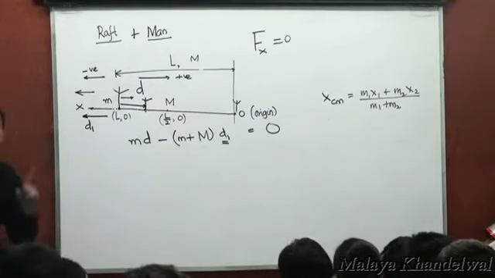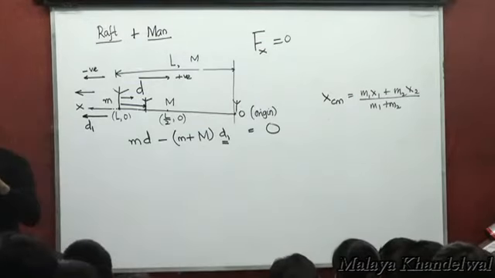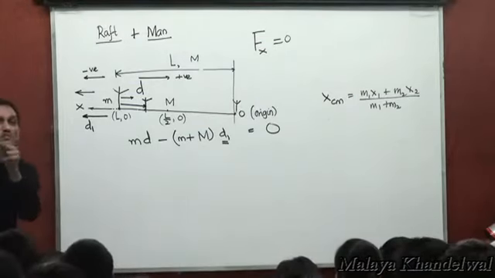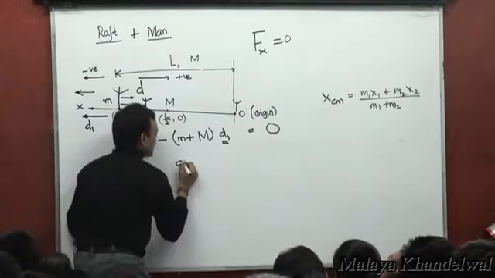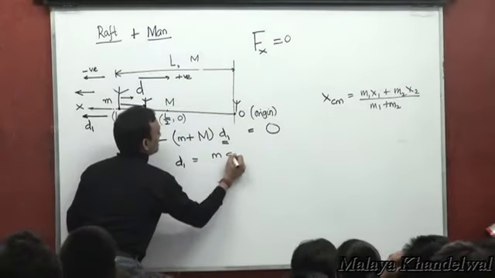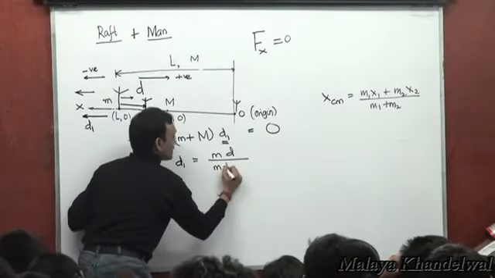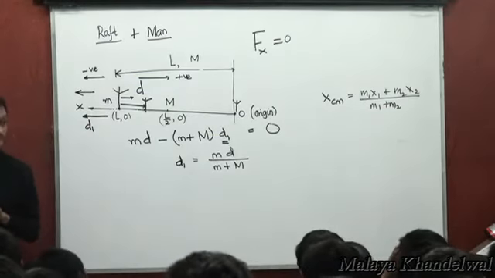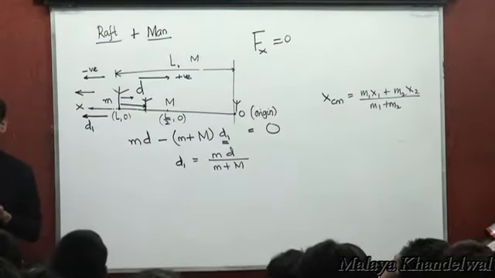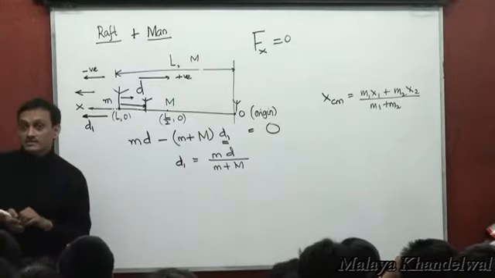This is 0, and that's when the x coordinate of the center of mass will stay put, because the algebraic sum of the damages caused is 0. That means d1 equals m into d by small m plus capital M. Realize that?